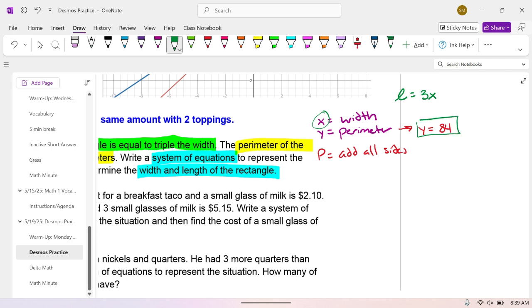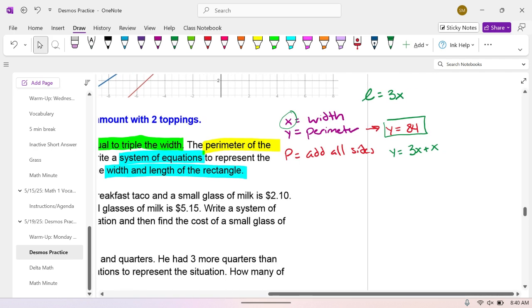What do you think my second part would be? Y is equal to what? How do I find the perimeter again? Add up all the sides. So this will be 3x plus x. Am I done with that equation? No. What do I have to do?